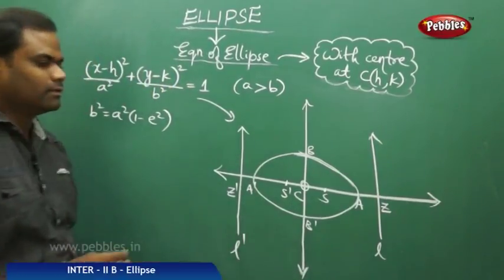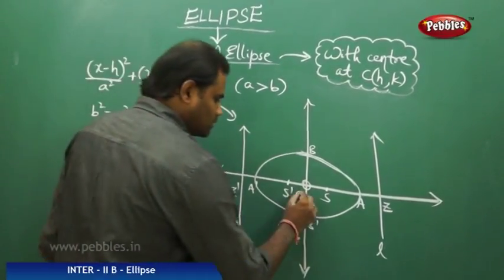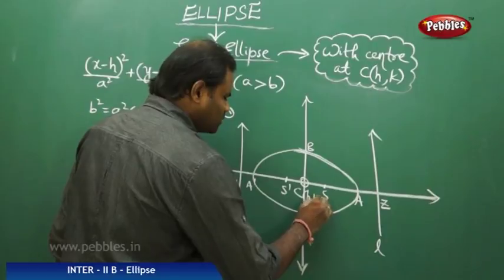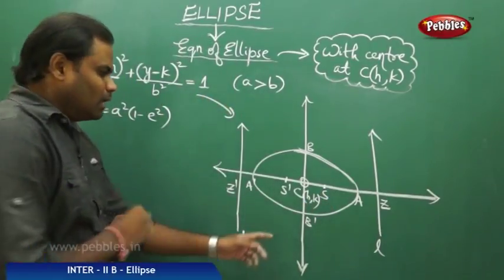So here the center of the transformed equation is (h, k).